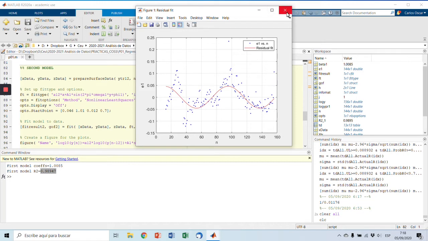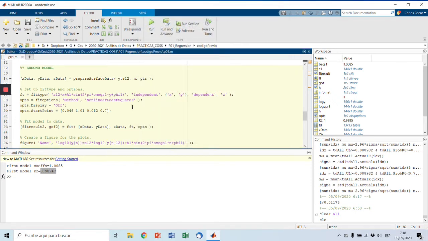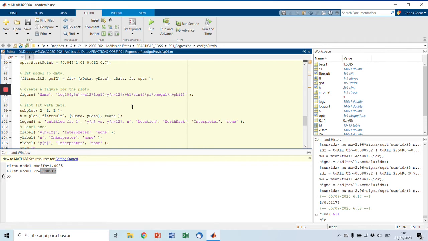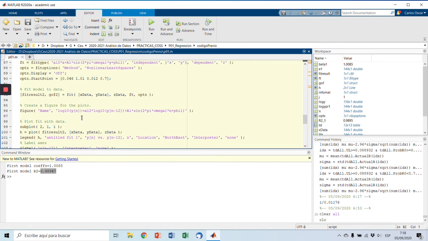So let's see if we can put both together. So now we will do another fitting, and in this fitting we will include what we know already.